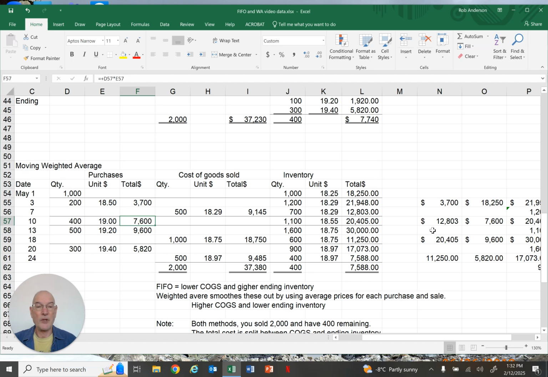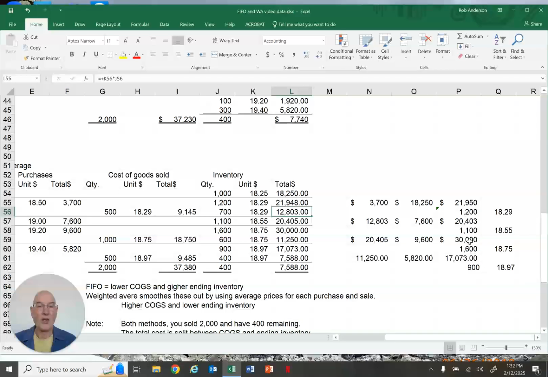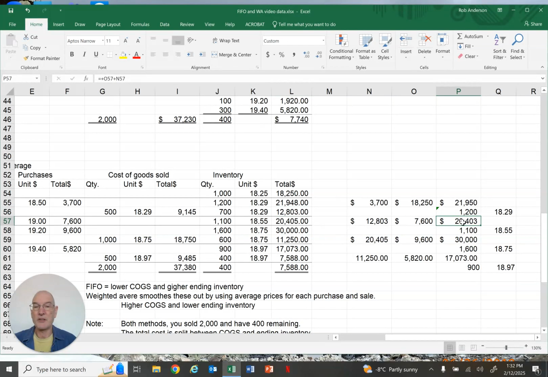So here's the $7,600 we just spent, and we had this number right there, 12,803. Here's our total cost, and we had 700 and bought 400, so now we have 1,100 units at an average cost of $18.55. So here's our 1,100 units at $18.55 for a total.